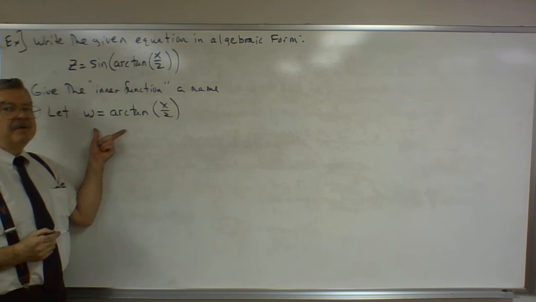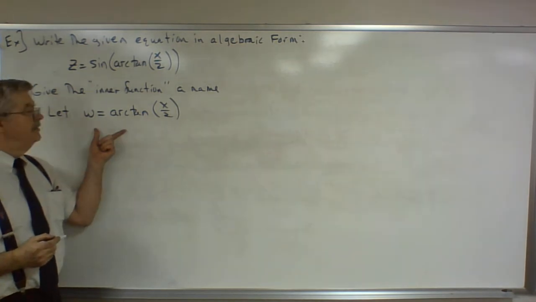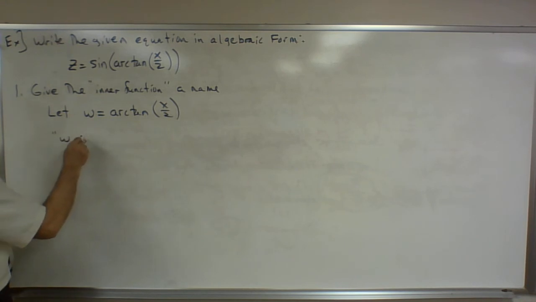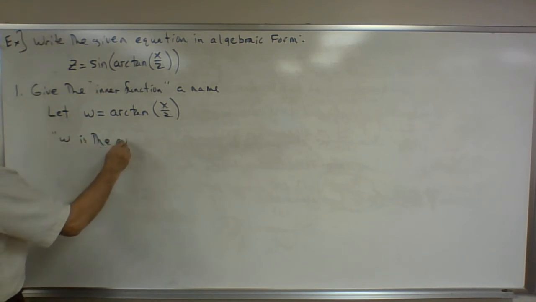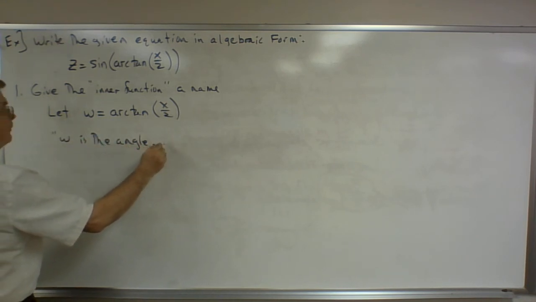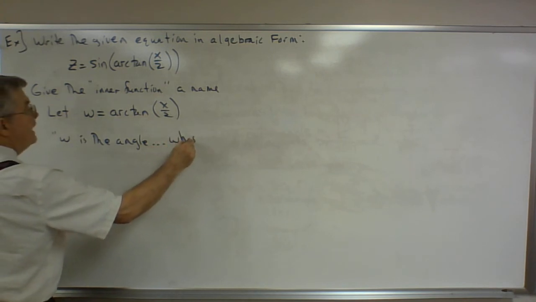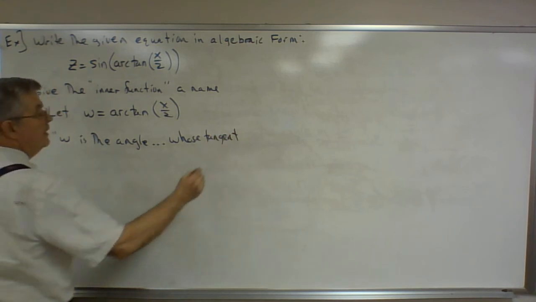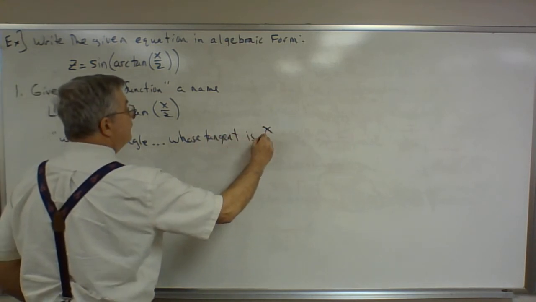Now remember what this means? W is the angle whose tangent is x over 2.